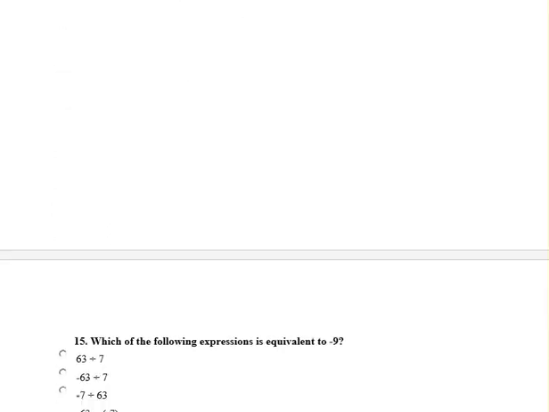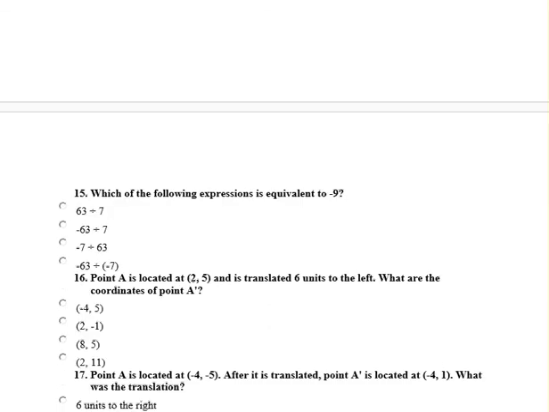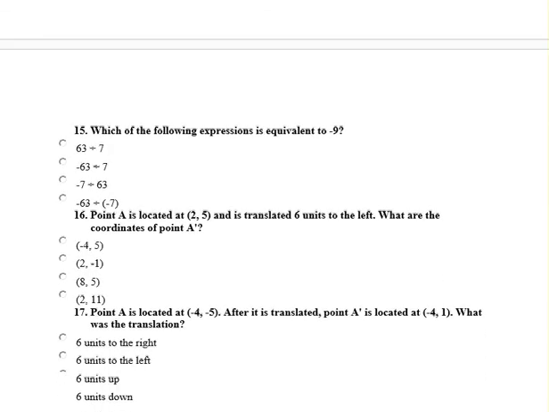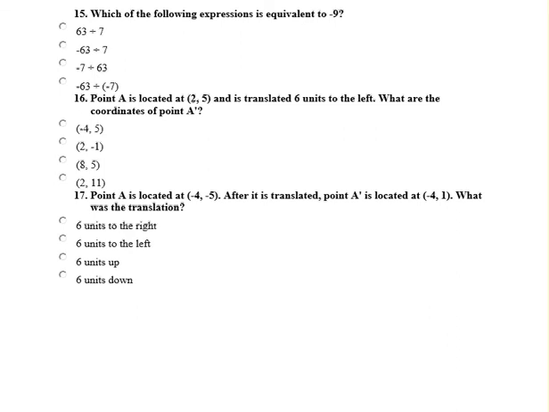There's 15. There's 16. And there's 17. Which of the following expressions is equivalent to negative 9? So that's going to be positive 9. Signs are different, so it's going to be negative, and it's 9.